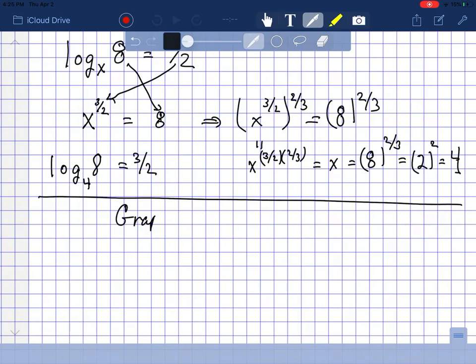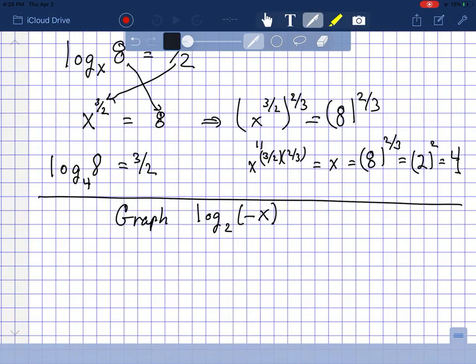What if I ask you to do this? What if I said graph the log base 2 of minus x? Well, now what I have to do is first, this is what I failed to do before, I have to first ask, hey, what is the domain of the log function base 2 of minus x?